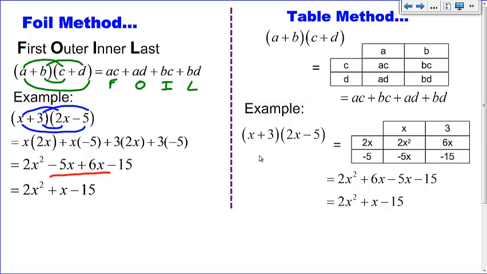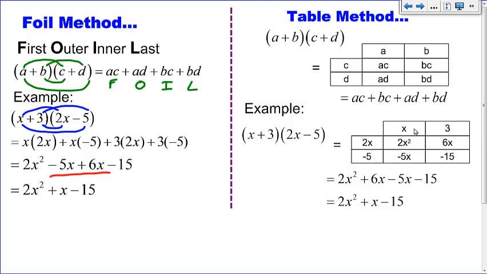Let's take that same example we've used and see what it looks like here. So x plus 3 times 2x minus 5. I've done an x and a 3, and then I put a 2x, and notice I did negative 5 because of the minus sign. So then just start multiplying the terms. 2x times x is 2x squared. 2x times 3 is 6x.